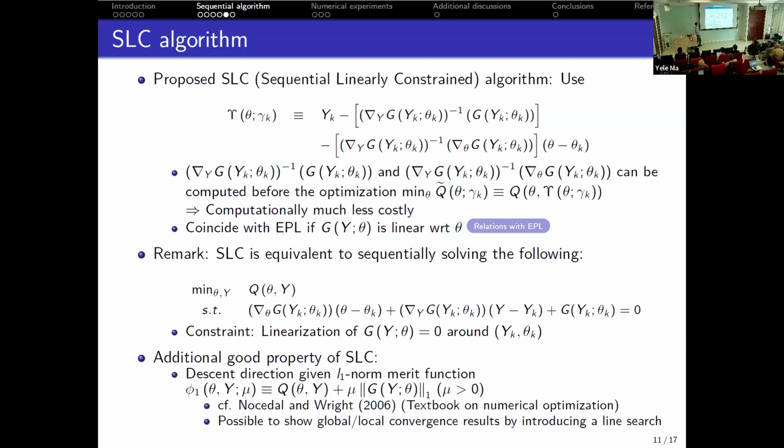So in this study, I propose a new algorithm, which I call SLC. In the case of the SLC, we alternatively use this mapping, epsilon. In the case of the sequential algorithms, basically we need to solve an unconstrained optimization problem like this.